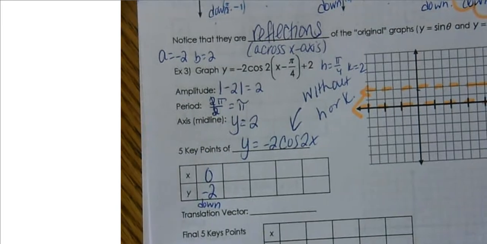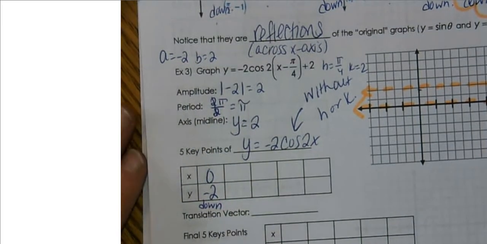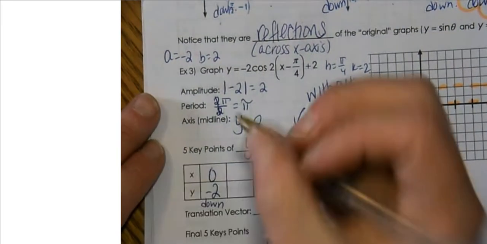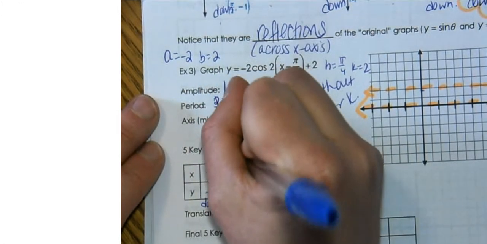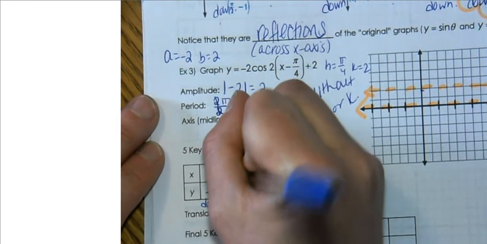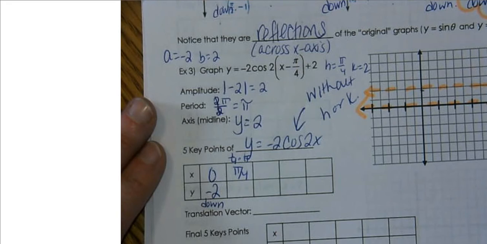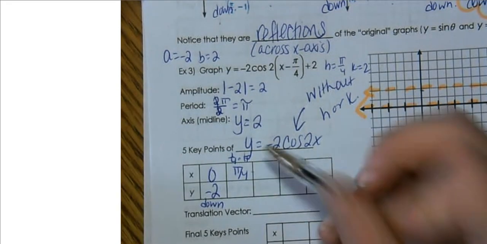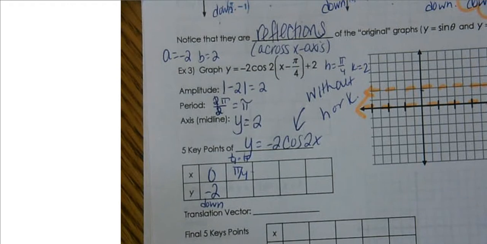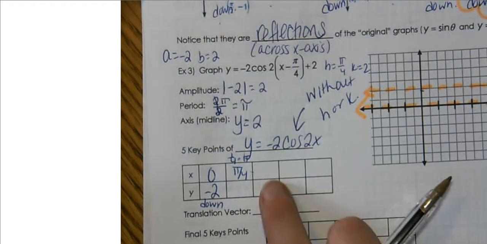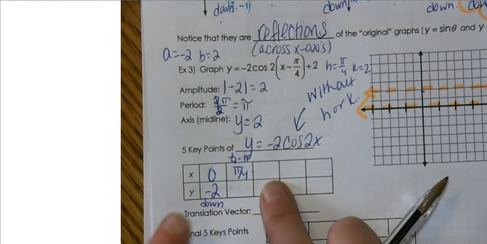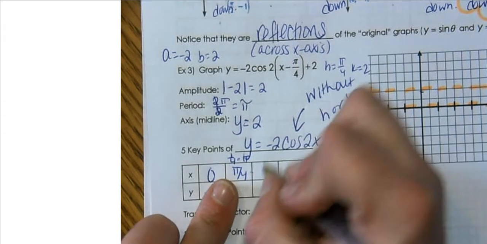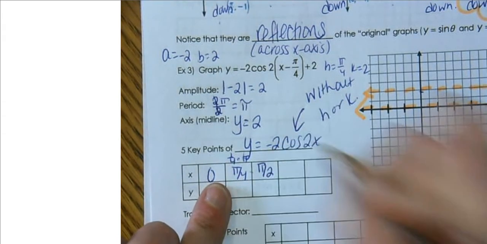So we're starting down. And then to come up with my x values, we're using the same steps as before. We're going to multiply 1/4 times pi, and that's going to give us pi over 4. There are a couple of approaches for coming up with your x values. This pi over 4 represents the increments that we are adding each time to get to the next x value. So this is pi over 4. The next one will be 2 pi's over 4, which simplifies to pi over 2.